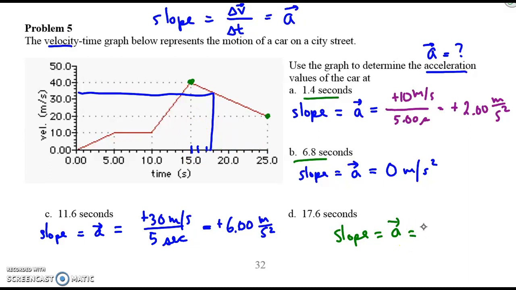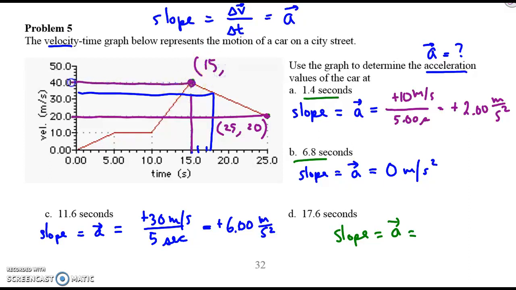So what is that acceleration? This time I'll do y2 minus y1 over x2 minus x1. This bottom coordinate is 25 seconds, comma, 20 meters per second. And this first point is going to be an x value of 15, comma, a y value of 40.